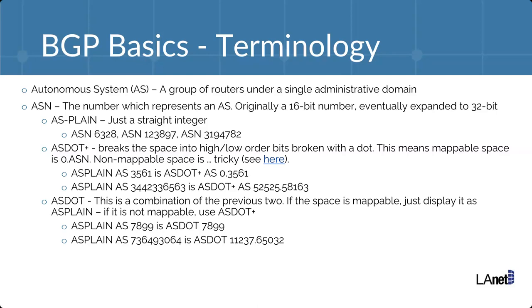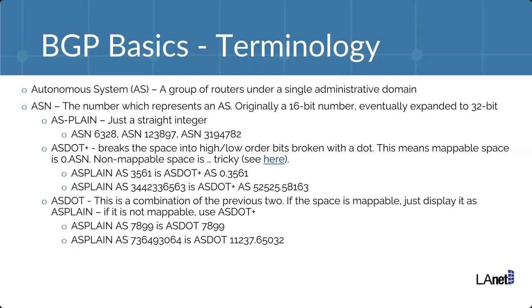We call it mappable space because it adheres to the original 16 bits that were launched when BGP was first created, right? And then the higher order bits, which come after the dot. I've got a link in here. You can go see the math on how to do this, right? I don't see a lot of people who use AS dot plus. I see a lot of people who use AS dot notation.